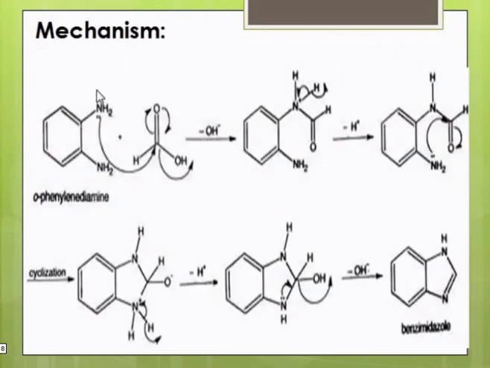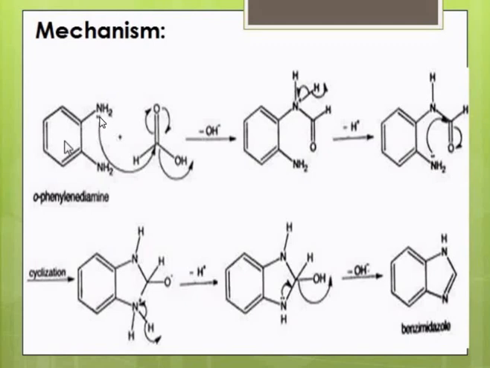Now, the mechanism of this reaction: orthophenylene diamine has two amine groups, with a lone pair of electrons on nitrogen. The oxygen is more electronegative than carbon. Now, when this oxygen attracts the electrons of this bond, it becomes partially negative and this carbon becomes the partially positive carbocation center.